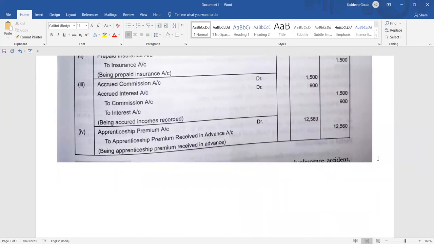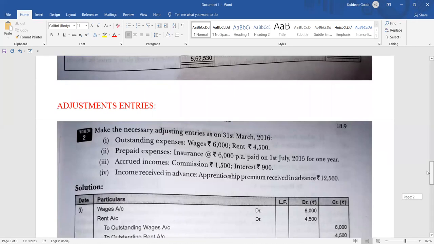So insurance paid for 1 year. How much is paid? It is 6,000 rupees, right? 6,000 rupees has been paid on 1st July 2015.